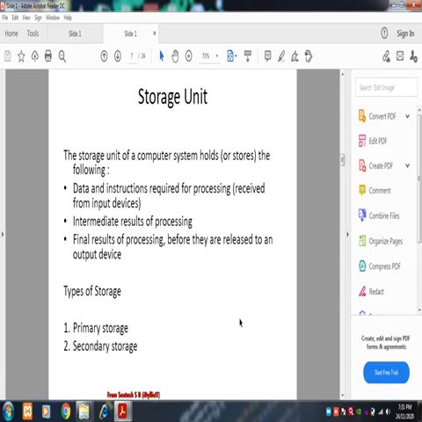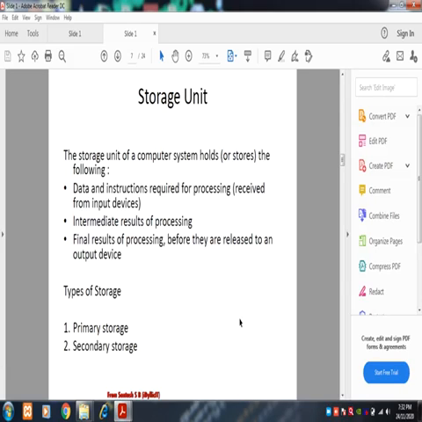It stores the data and instructions required for processing, received from input devices like a keyboard or mouse, whatever you are giving from the keyboard. It also stores intermediate results of processing from the control unit.